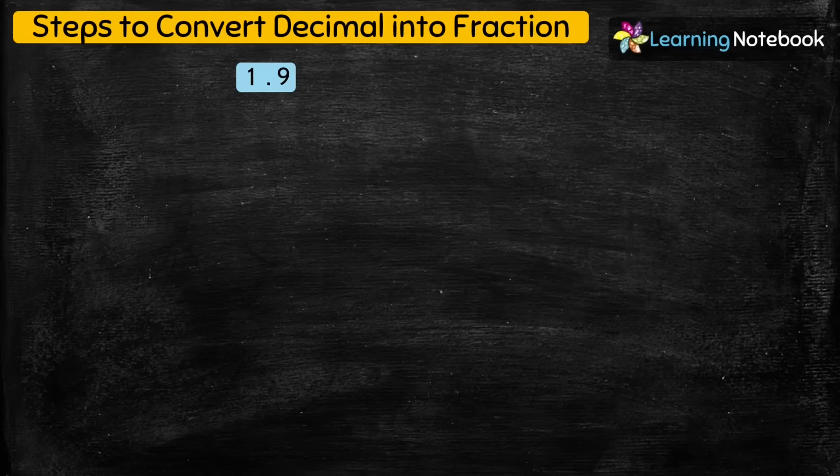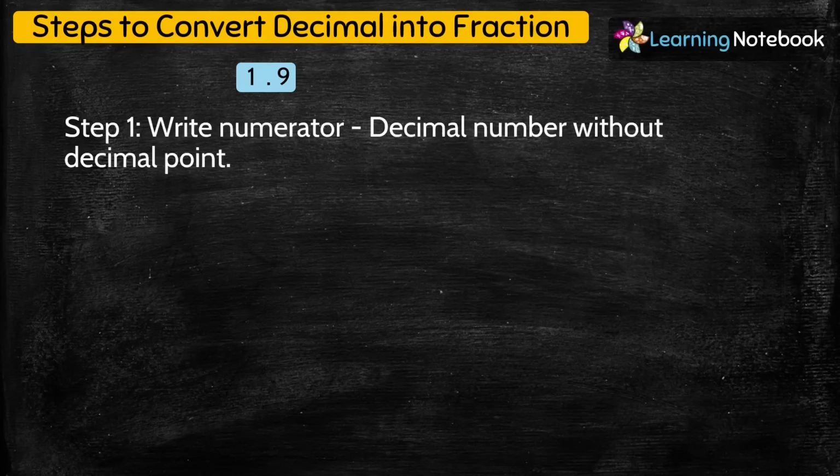So here the question is, convert 1.9 into a fraction. So in step 1, we will write the numerator of the fraction, which is the given decimal number without the decimal point. So the numerator of this fraction would be 19.